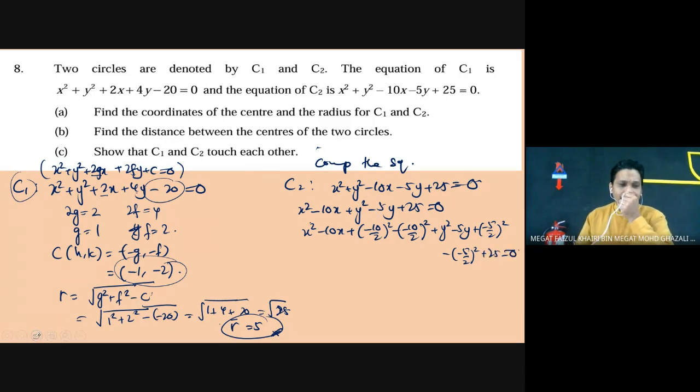So now let's take a look at these three terms. This is for x and this is for y.